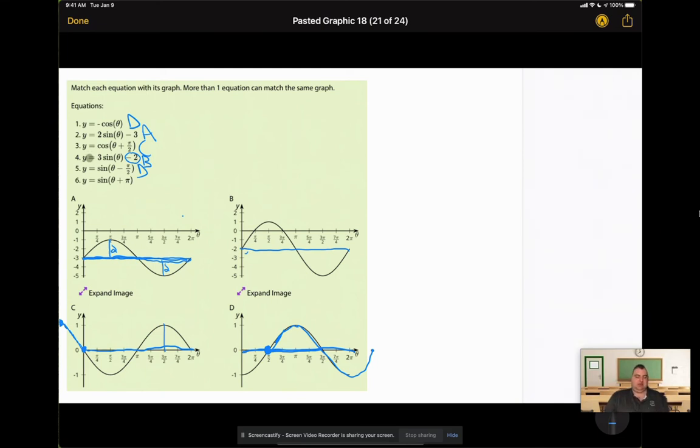So if we think about sine starting at 0, pi to the left means it's going to be 0 at negative pi. And then from there, it's going to go up to 1, then down to negative 1, and then back up to 0. So the only one that makes sense here is graph C.